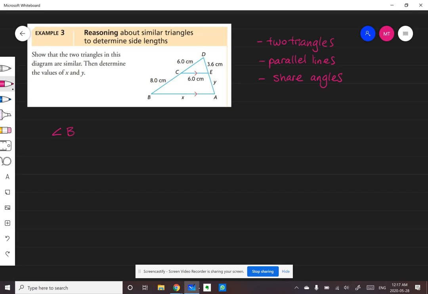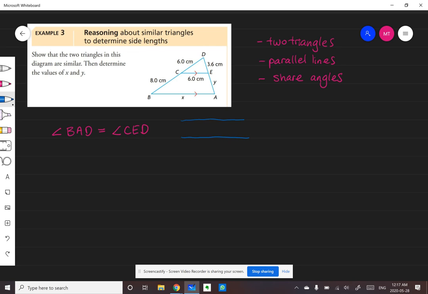I can write B, A, D. And I can say, hey, that's got to be the same angle as CED. Right? So CED. And how I know that is when I have parallel lines.